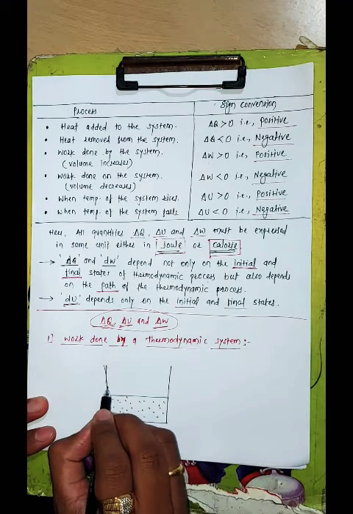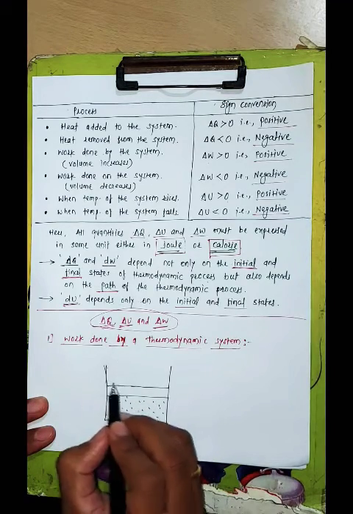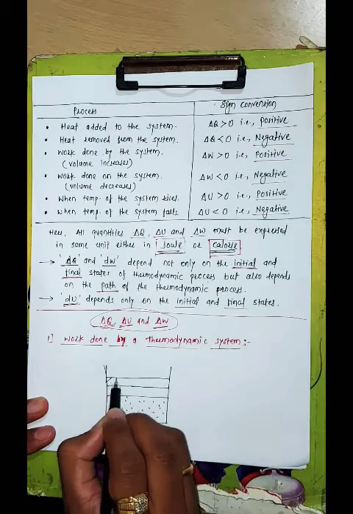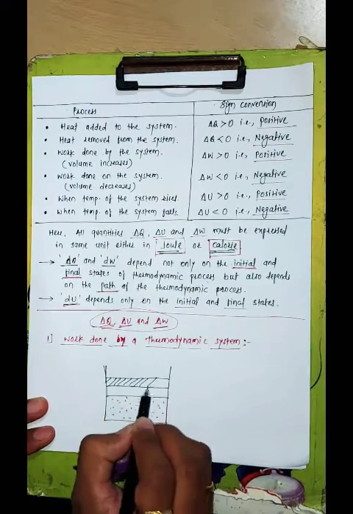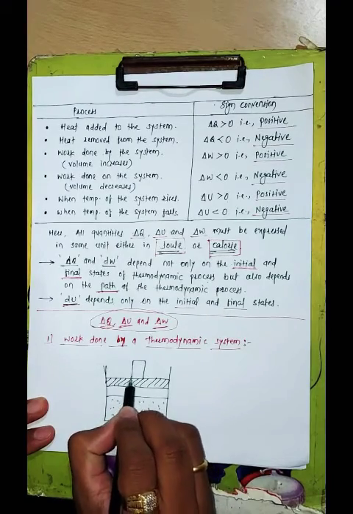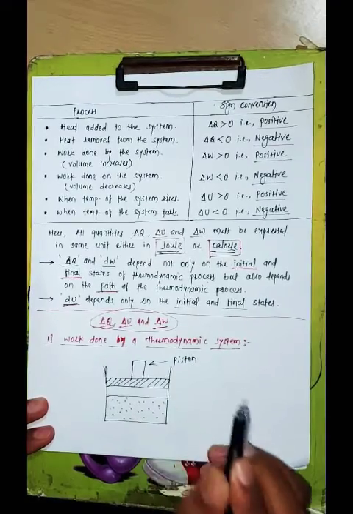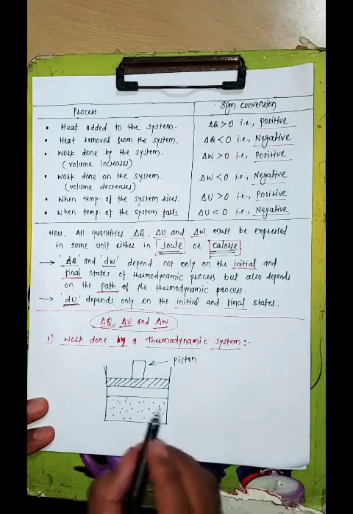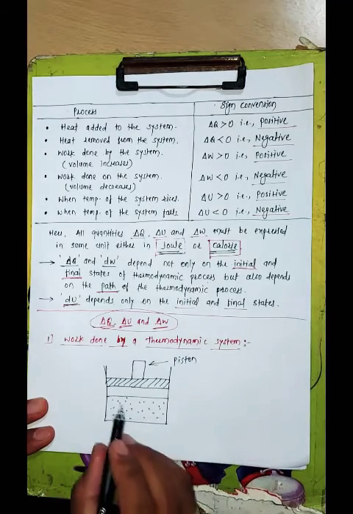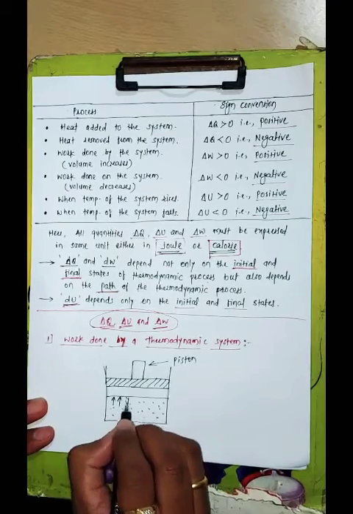Suppose we'll say that the piston is there, we'll consider this a particular cylinder and a piston is there. So this is called as a piston.